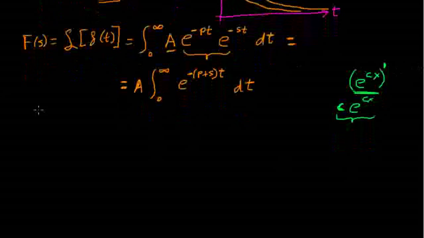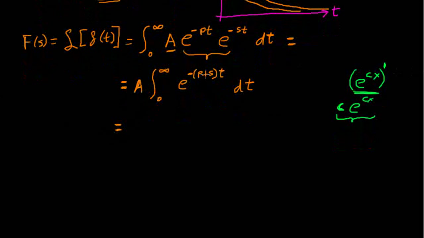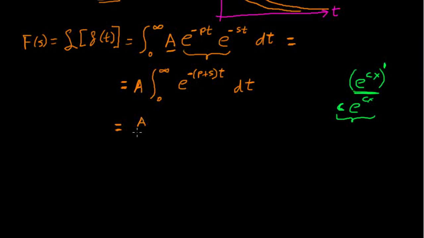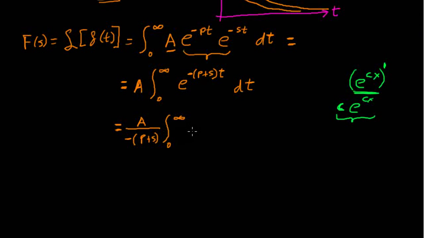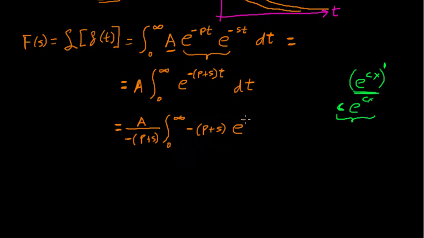So the trick we use here is to multiply and divide everything by minus p plus s. So outside of the integral we have 1 over minus p plus s times the integral from 0 to infinity of minus p plus s times e to the minus p plus s t, all that times dt.